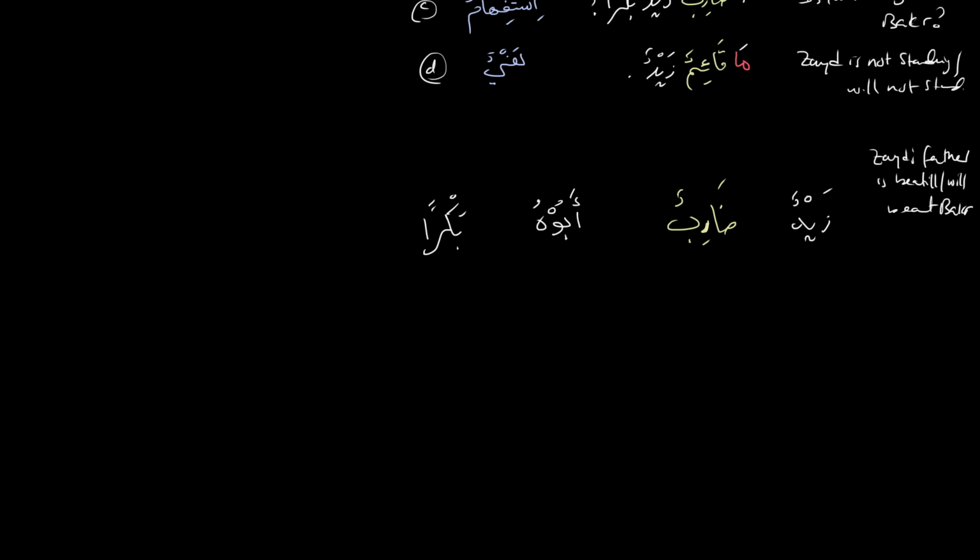So this here is the mubtada, Zaydun over here. Alright, it will be the mubtada, okay? We'll hold on to that particular thought. So this over here is ism fa'il. This is ism fa'il. Ism fa'il will have its own fa'il and maf'ul, right?